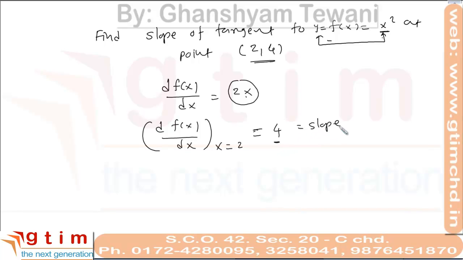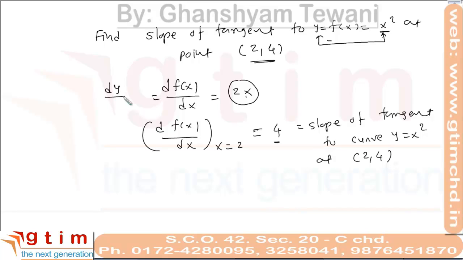The slope of the tangent to the curve y is equal to x square at point (2, 4). Here we can also write f(x) as y, then this is actually dy by dx. We know that y and f(x) are the same. The values of f(x) are taken on the y-axis. That's why we take f(x) as y.